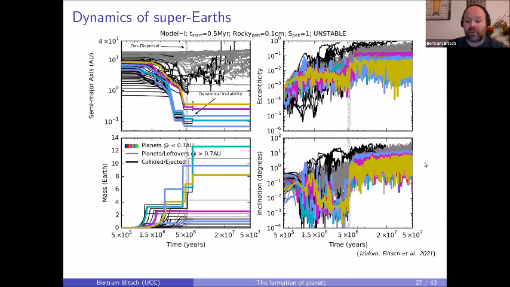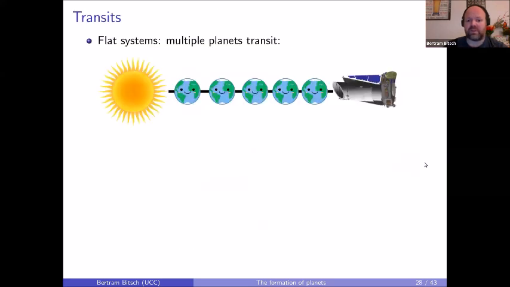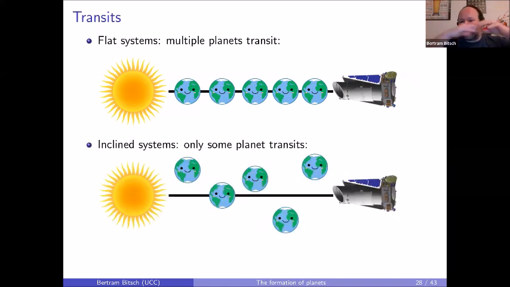And this is very important for our understanding of the observations, right? You can imagine we have a star with, let's say, 5 planets, and a telescope that looks at it. If these planets are all within the same plane, we can maybe see all 5 planets transiting at the same time. However, if the planets have small levels of mutual inclination, we might only see one planet transiting because the other planets are out of line.